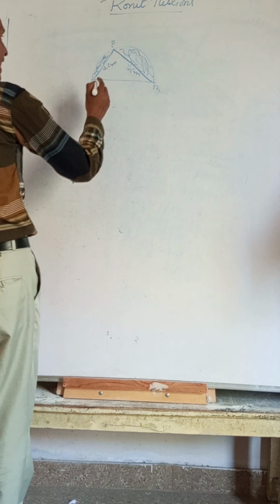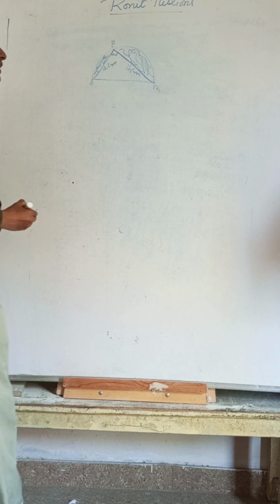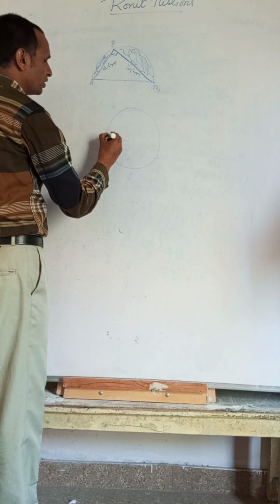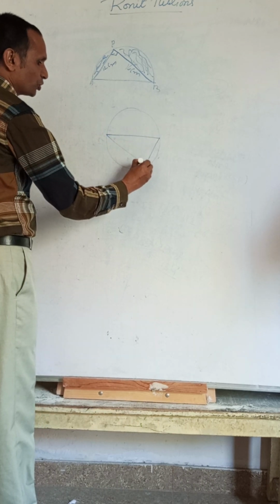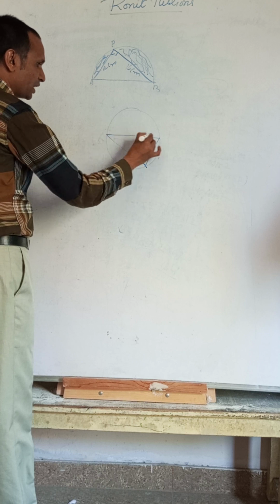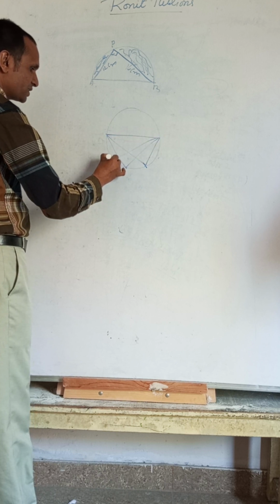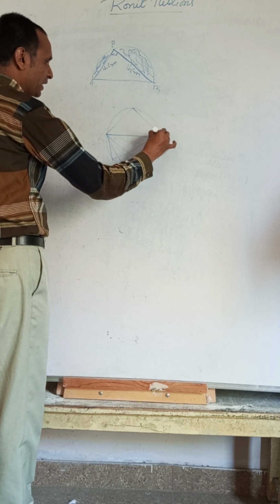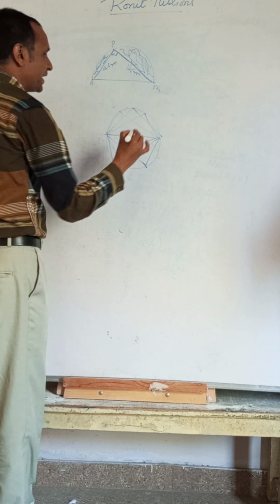Right angle means angle P is equal to 90 degree, always, whichever circle it is. So this is a circle, this is the diameter, and suppose a triangle is made like this, this triangle also is 90 degree. Whatever triangle is made on this side also, all are right angle triangles.